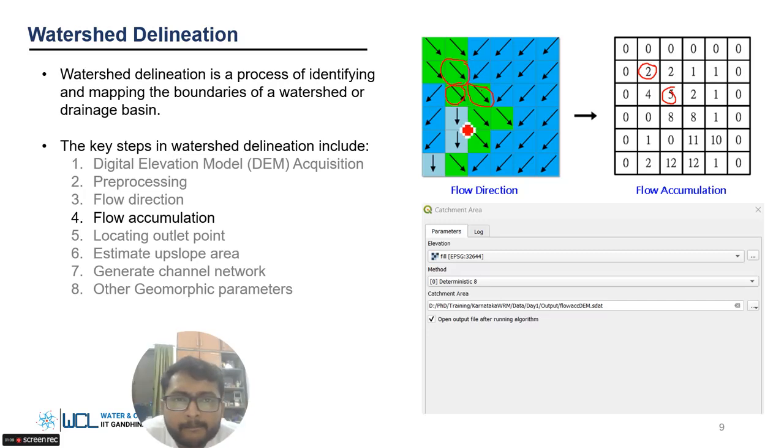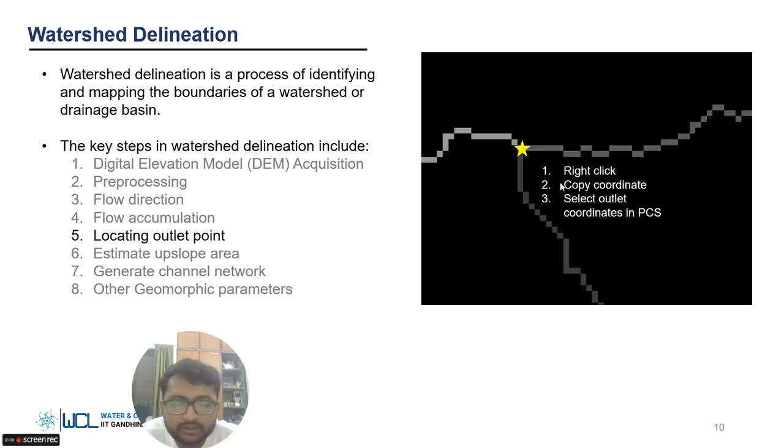Basically it will do like this. If we see here, no water is just coming in, so that's 0, then 1, so here only 1 pixel is coming in. Here also 0, no point is coming in. Here it is 11, so sometimes it will accumulate a lot: from this 8 plus 9, 10, 11, like that. So it will find the flow direction and then the flow accumulation.